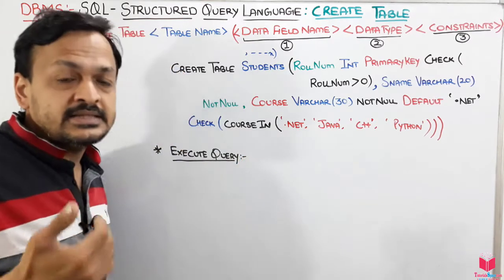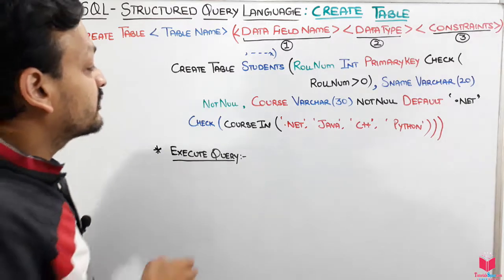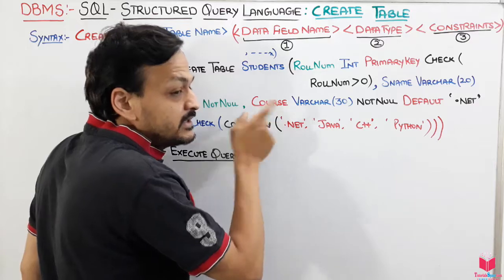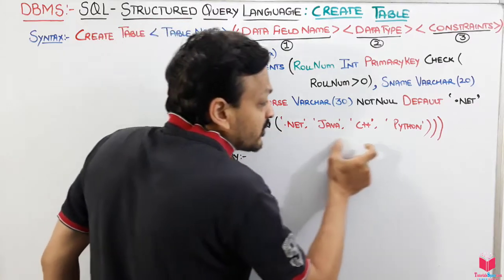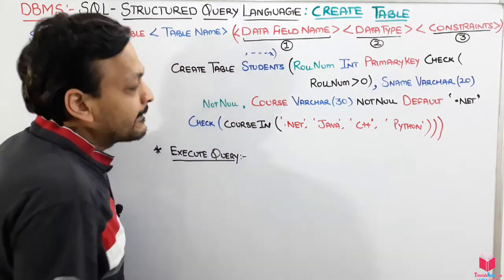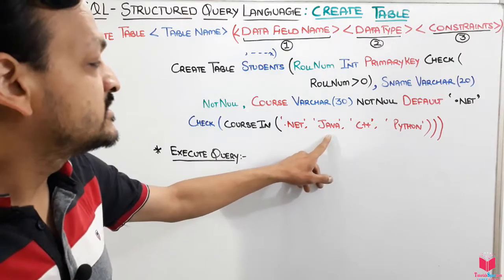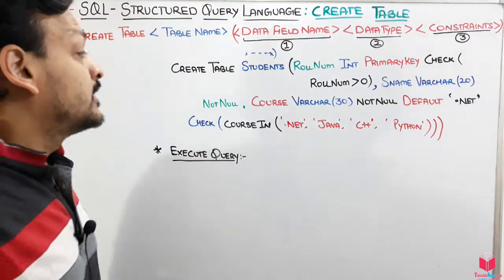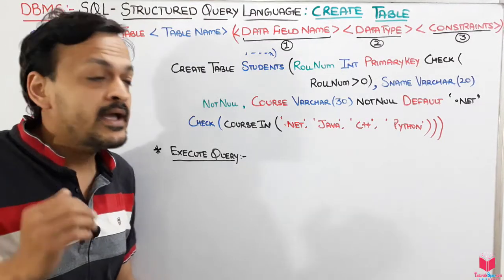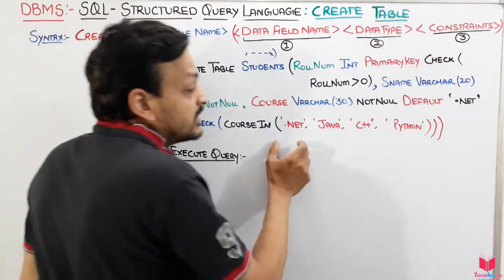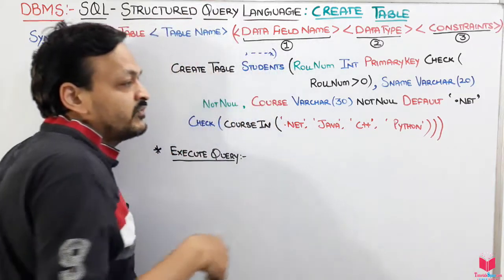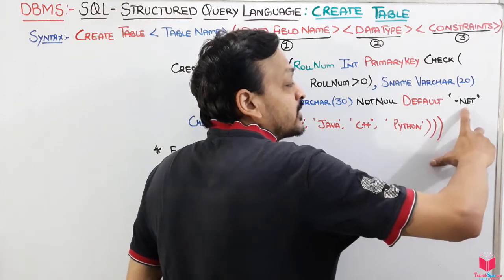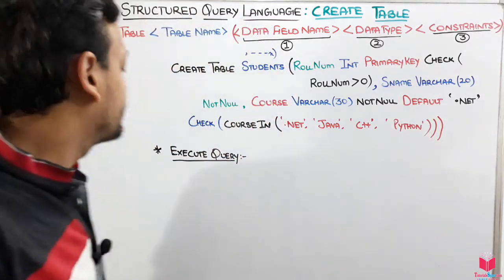IN tells the database that the values in this attribute must come from these values: .NET, Java, C++, Python. Now course will have only values from these, and if we forget to enter any value, then by default it takes .NET. Clear all?